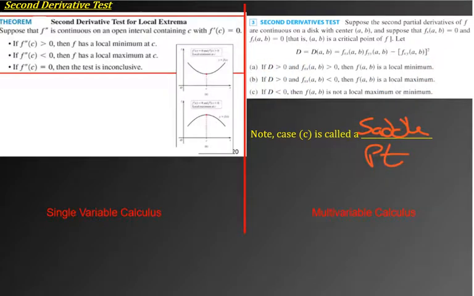Which isn't too hard to remember, because if it's greater than 0, it's concave up, so it's a min, right? And if this is less than 0, then it's going to be a max. So it's not too hard to remember, but you just have to know that when this thing is less than 0, it's the saddle point, which is neither. And if it's greater than 0, then you're going to get an answer. But there is a way to remember this part.